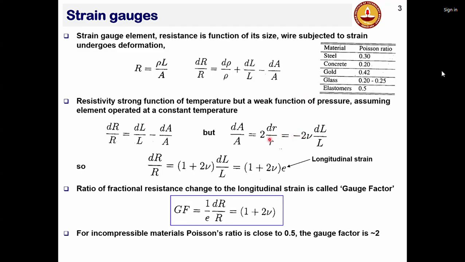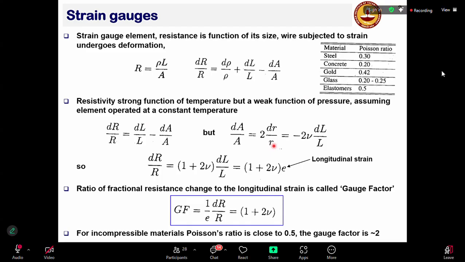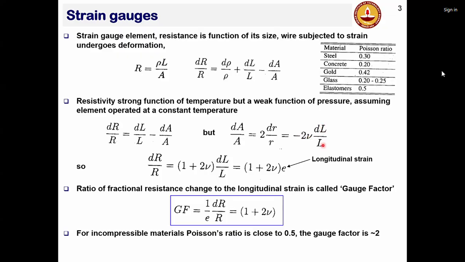So as I said, the Poisson's ratio nu will be dr over r divided by dL over L with a negative sign. So dr over r will be equal to minus nu into dL over L. Now we substitute this here, dA over A, we substitute here.